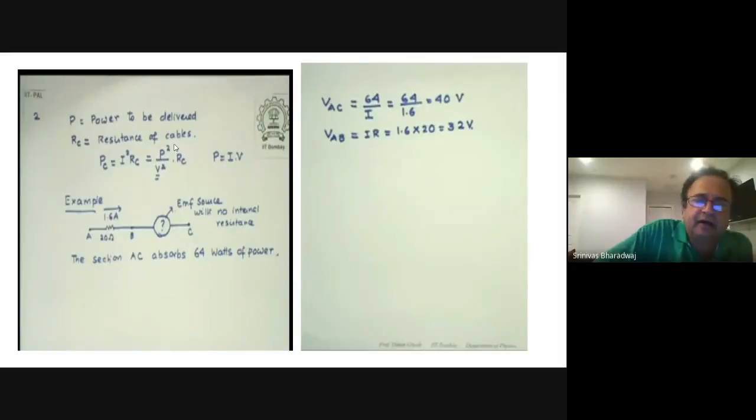Now the other device that is used to measure things in an electrical circuit is this thing called an ammeter. It is called ammeter with due respect to Ampere, right? So it measures the amperage or the current. So it's a current meter, right?